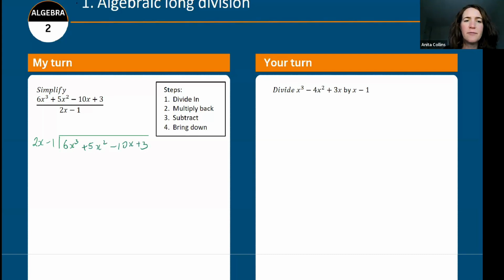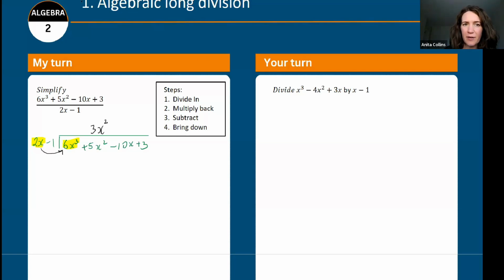Step one, divide in. Now, when I say divide in, it's only the first term of the outside that's divided into the first term of the inside, first into first. So divide in. 2x divides into 6x cubed how many times? 2 divides into 6 3 times. X divides into x cubed x squared times.